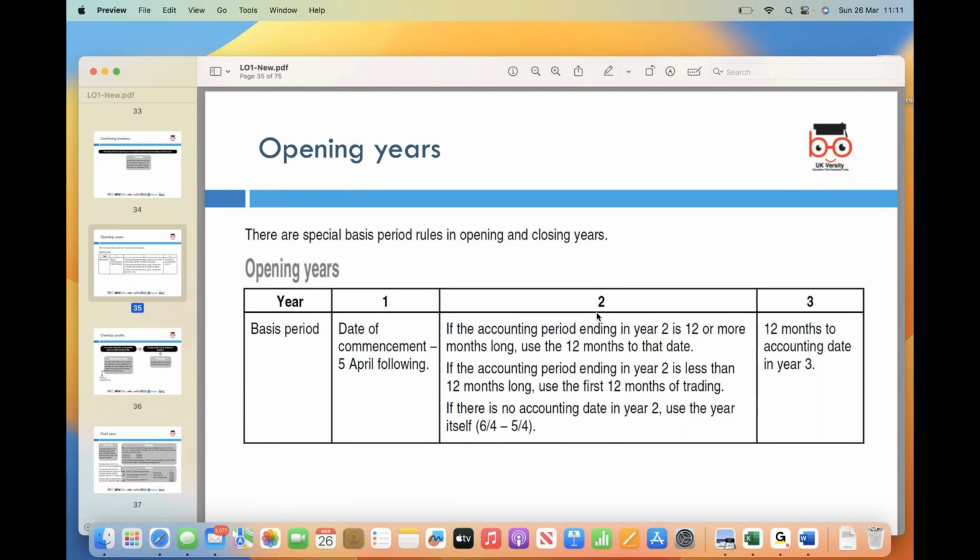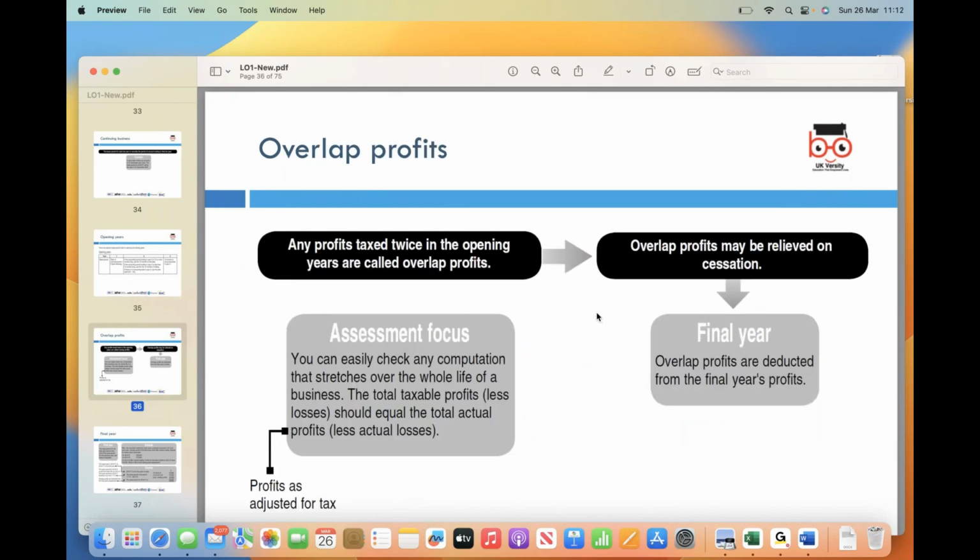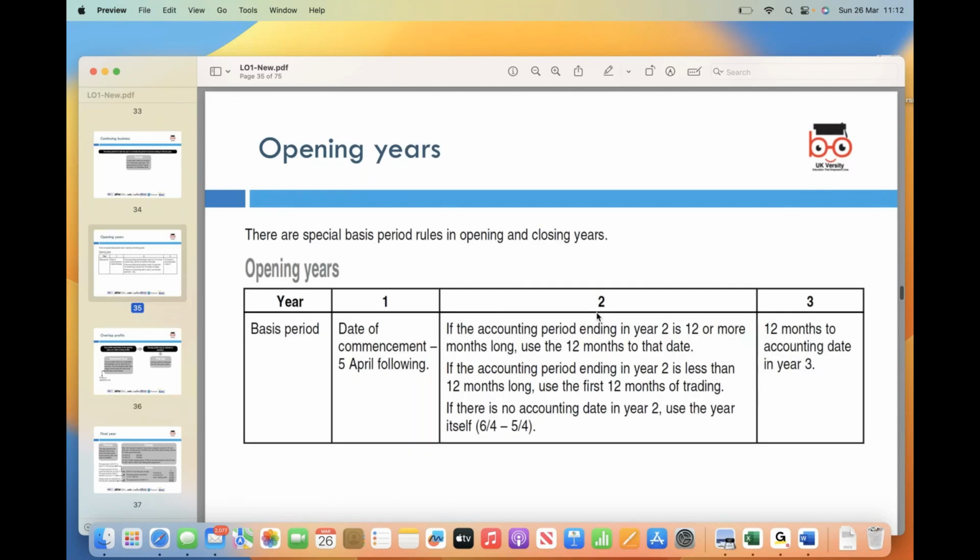If there is no specific accounting date in year 2, then the basis period will be the tax year itself, 6th of April to 5th of April of the next year. In year 3, the basis period will be the 12 months leading up to the accounting date in that year.